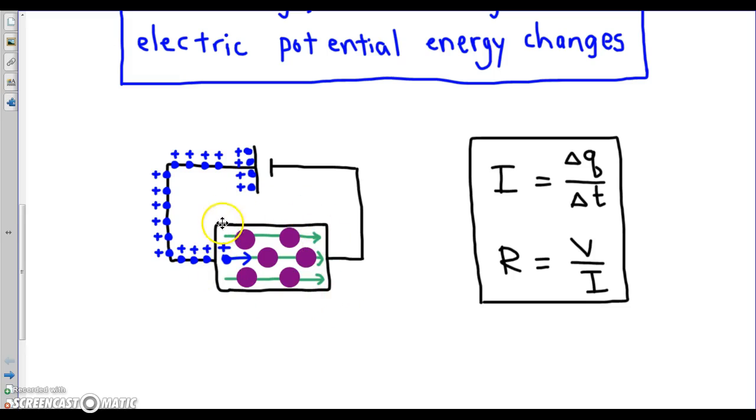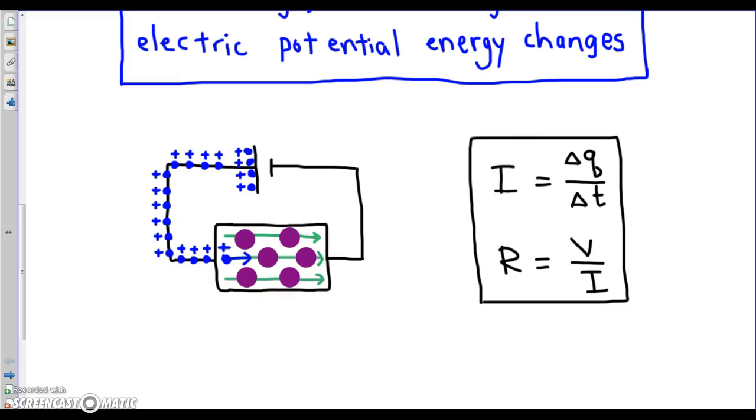What's this down here? This is a resistor. And inside of the resistor, these charges are going to get repelled away from all the other charges over here. And if the charge is being repelled, that means there's an electric field in the resistor.